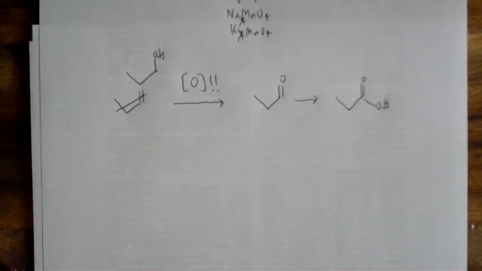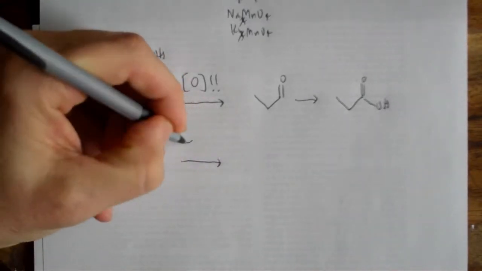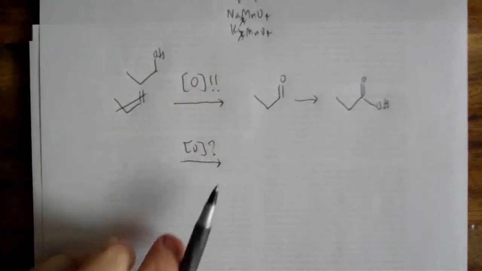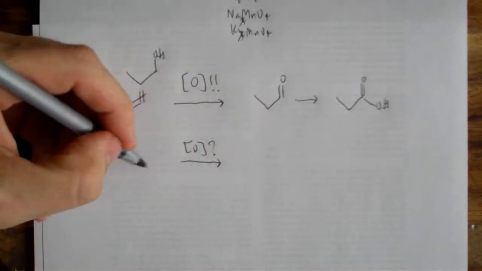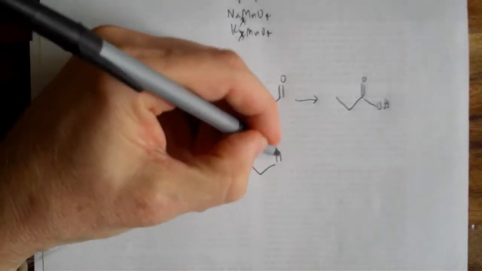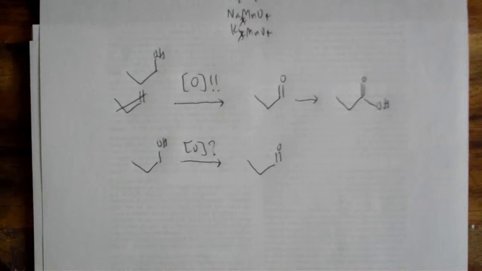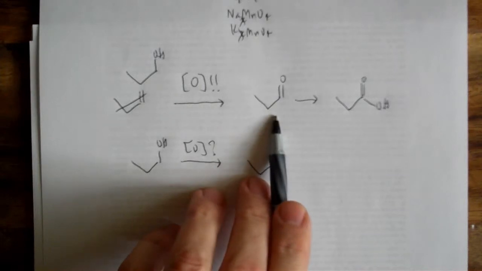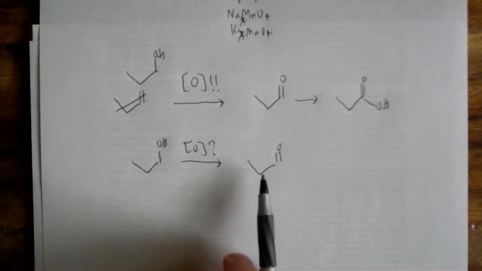Have a look at that, okay? But a weak oxidizer, which I'm sort of making up notation for here, I'm putting a question mark there, a weak oxidizer can stop there, and it doesn't go any further. Can you see that this is oxidized further than that? And this is not.